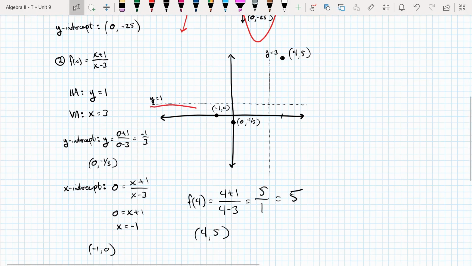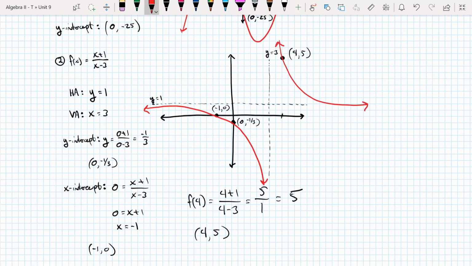Starts over here, comes down, runs through these 2 points, and then goes down forever. Similarly, to the right, it's going to be over here, comes down like this. Okay, and that's the graph of the rational function, (x plus 1) over (x minus 3).